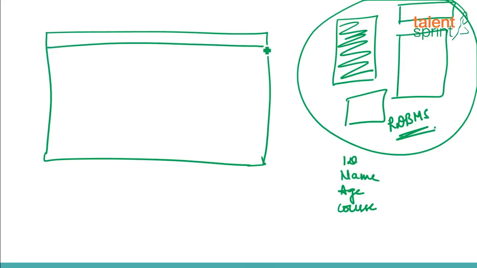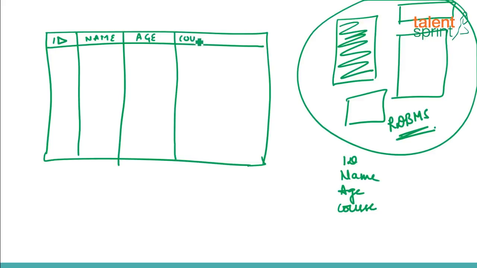That has this header which will tell you ID, name, age, course, and there can be many more depending on what is your requirement.